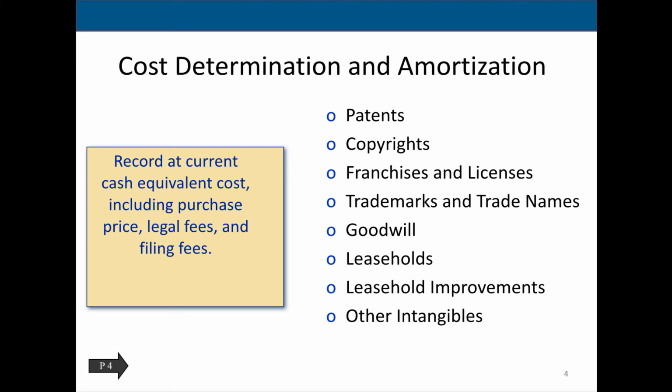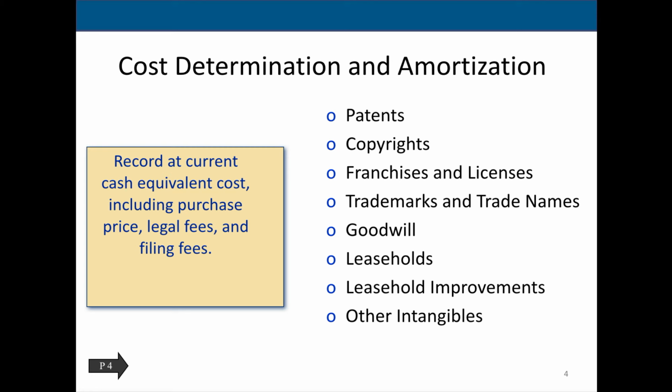Okay, so whatever the name of your account is for these intangible assets, and you may have many accounts that hold different types of intangibles. Obviously, that's going to vary depending on what type of business you are.